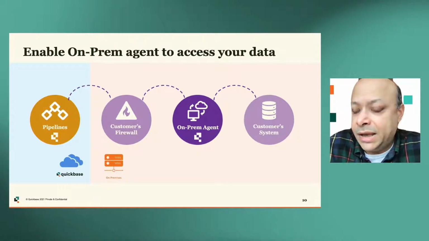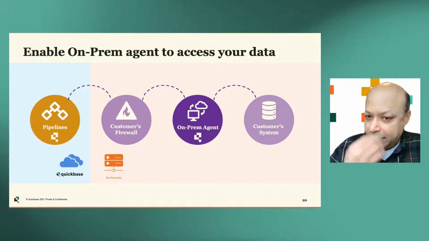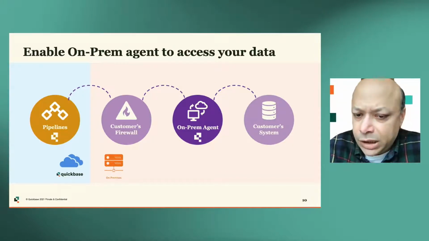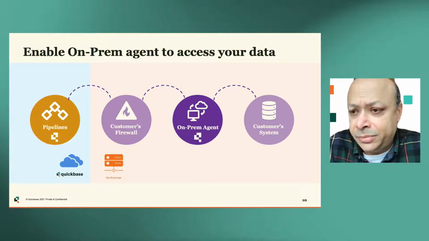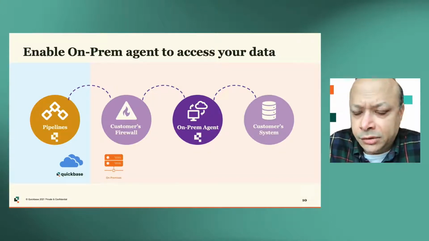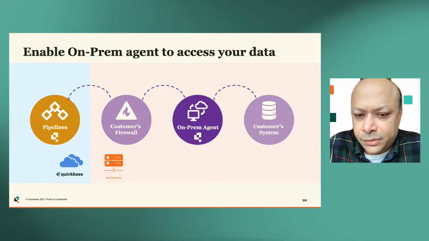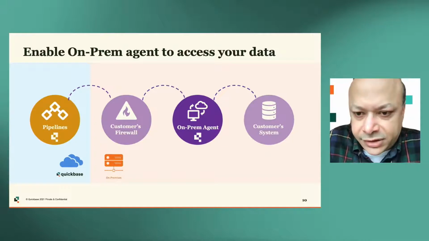So any system that supports an ODBC or an HTTP API is a candidate for this Onprem Agent to talk to and effectively liberate your data from your on-prem area.